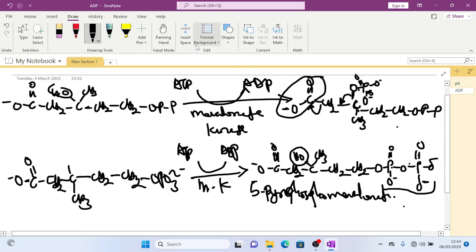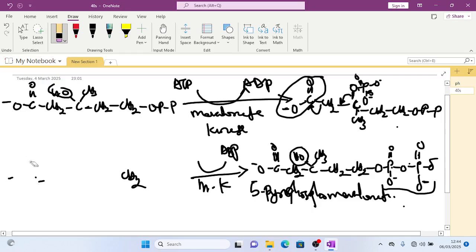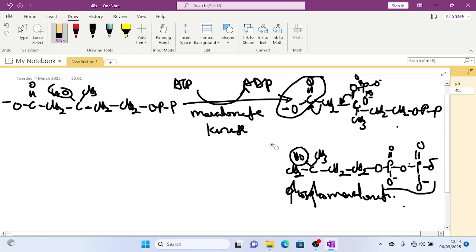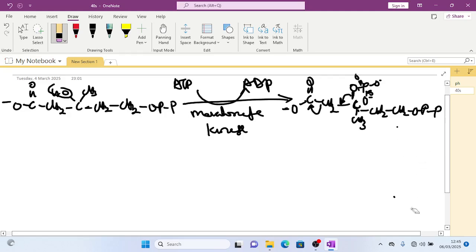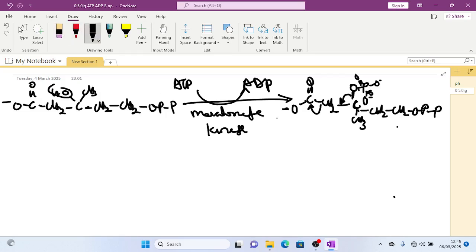And so what do we get? We get a new compound after we've lost this carbon dioxide.